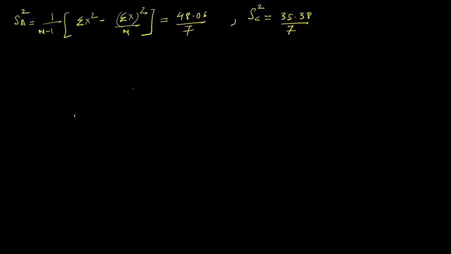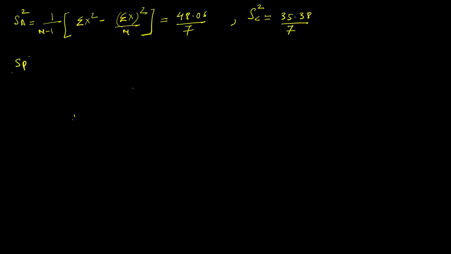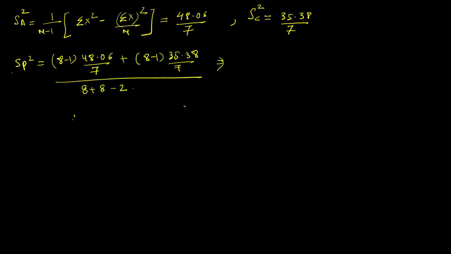Now once we know the values of SA and SC, we can calculate the pooled estimator by putting them into this equation. So Sp square would be 8 minus 1 times 48... This would come out to be 5.96.